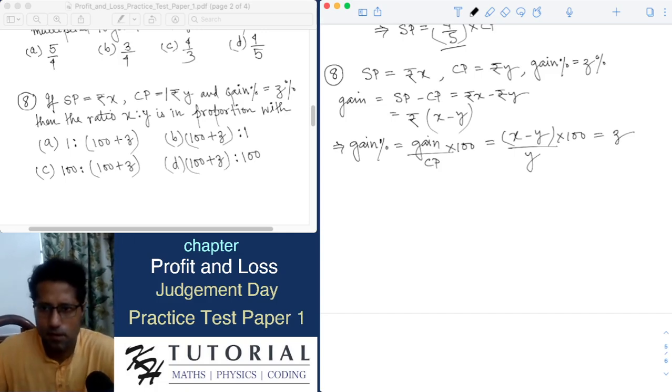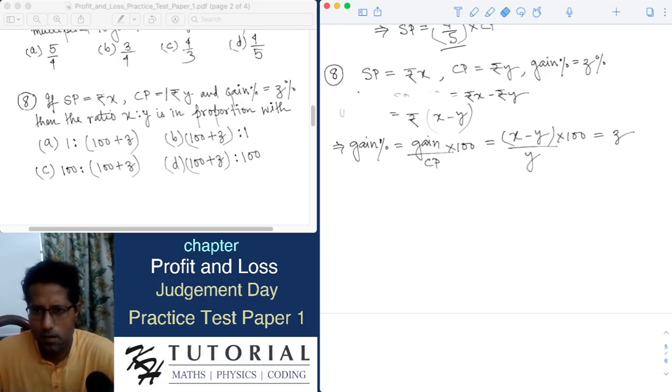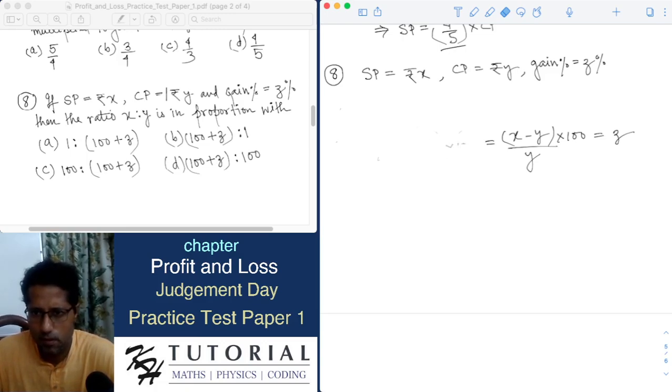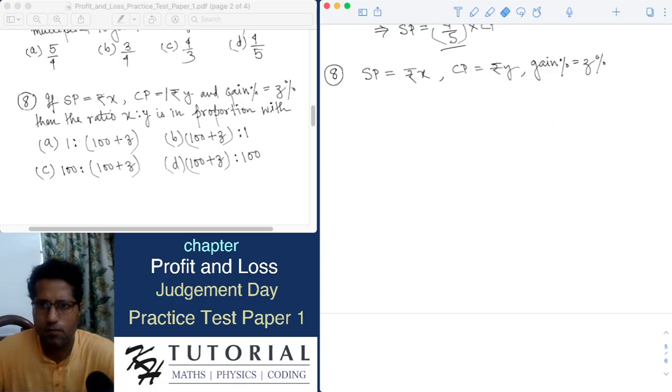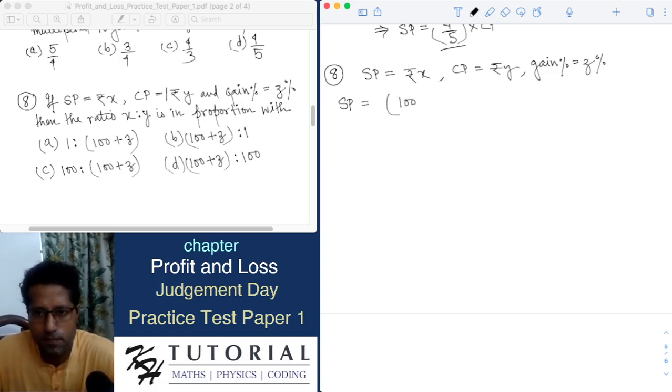No, let's do it in a different way. This procedure which I was following, maybe it will lead to a solution, but I think a better way of solving this problem is, we know that if there is a gain, the selling price will be 100 plus whatever the gain percent is, this much percent of Cp.